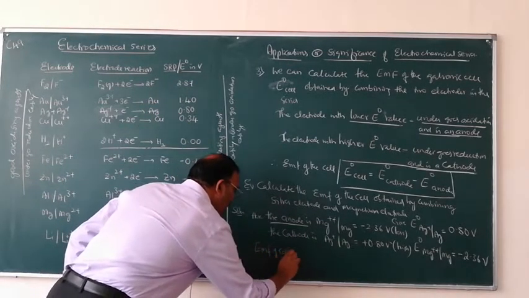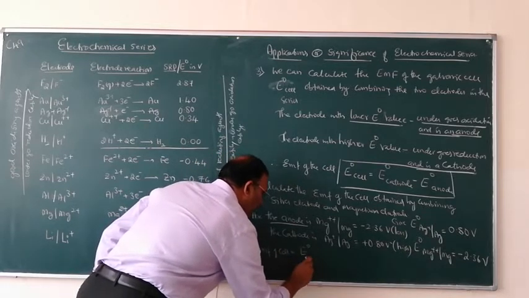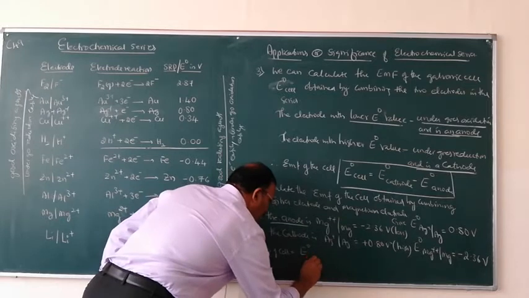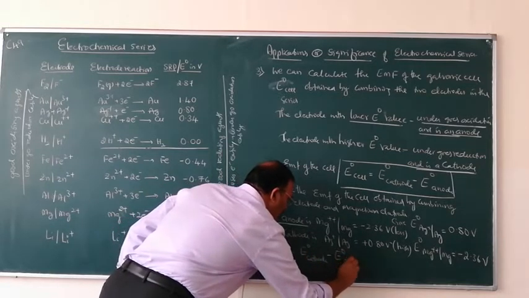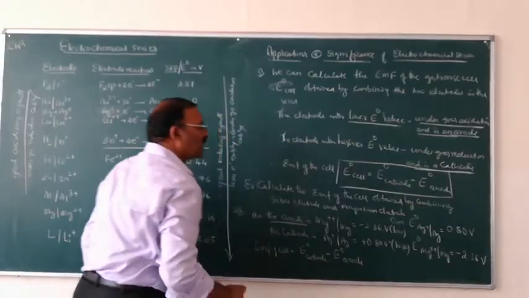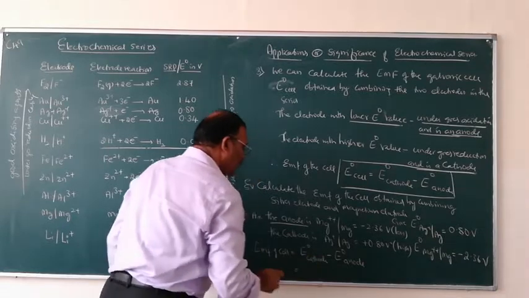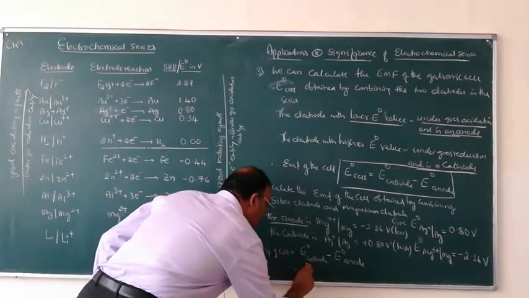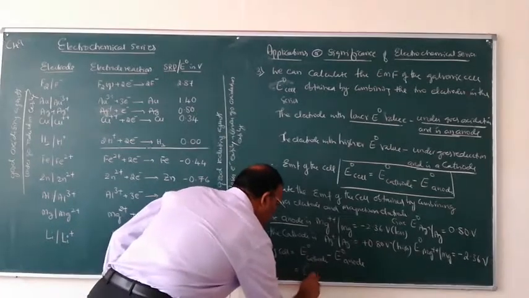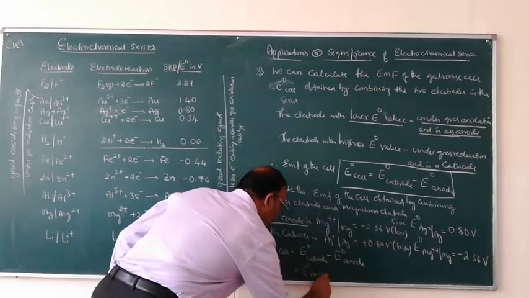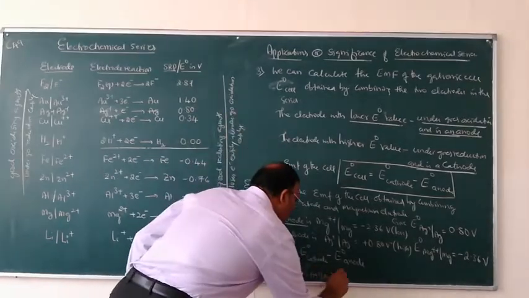EMF of cell is equal to E naught of cathode minus E naught of anode. So what is E naught of, which is the cathode here? This is E naught of silver, E naught of Ag plus bar Ag, minus, which is the anode?